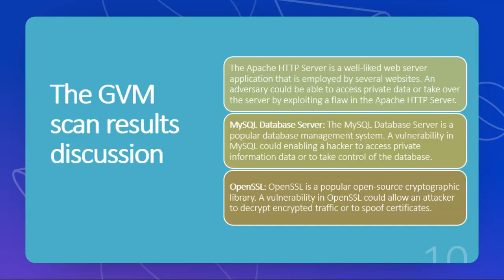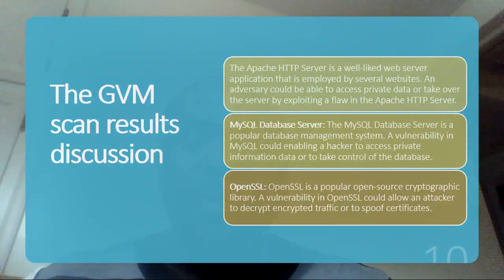The MySQL database server is a popular database management system, and a vulnerability in MySQL could enable a hacker to access private data or to take control of the entire database. Then OpenSSL is also a popular open source cryptographic library. A vulnerability in OpenSSL could allow an attacker to decrypt encrypted traffic or to spoof certificates within the organization.